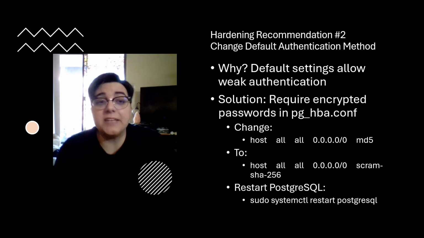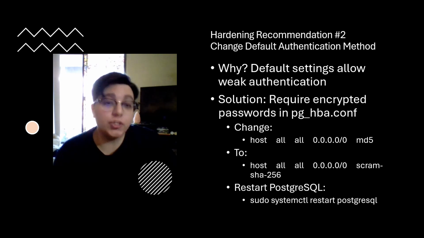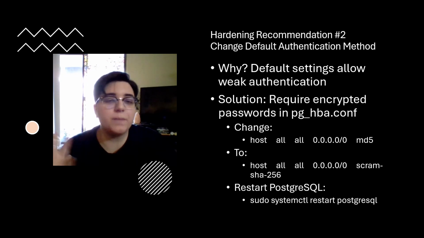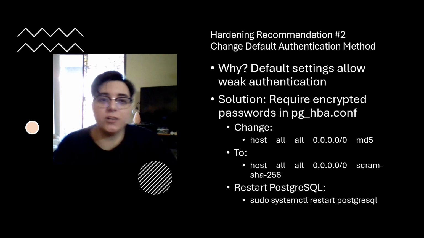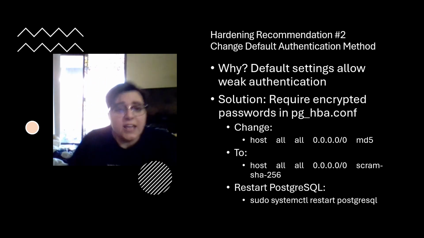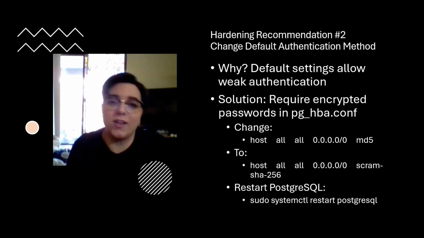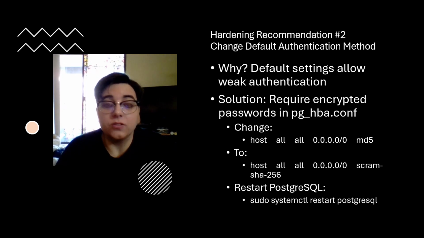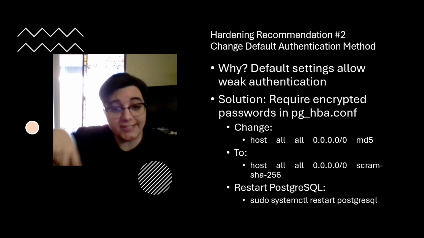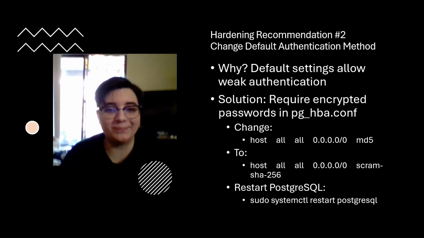To do that, we update the authentication file, change the hashing method, and then restart Postgres again. Now, any new passwords that are stored in Postgres, only the new ones, will be using a stronger hashing method, making it a lot easier for management and also a lot harder for attackers to brute force those passwords. So now that's 2 security improvements down, 1 more to go.